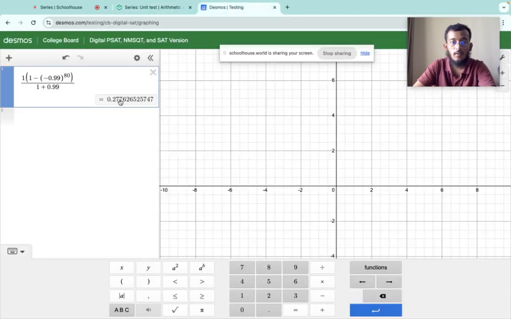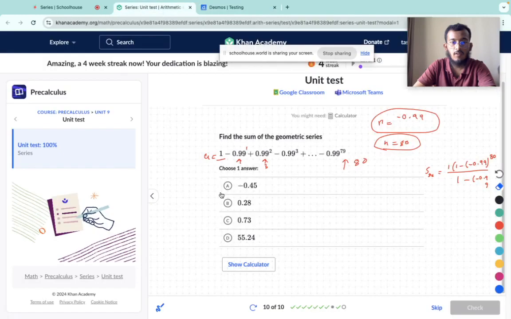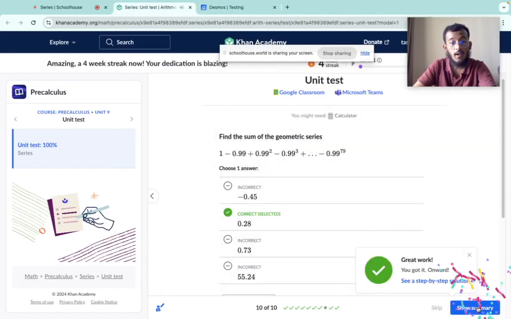I can see it is 0.2776. That means 0.28. So B should be our answer. And there we go.